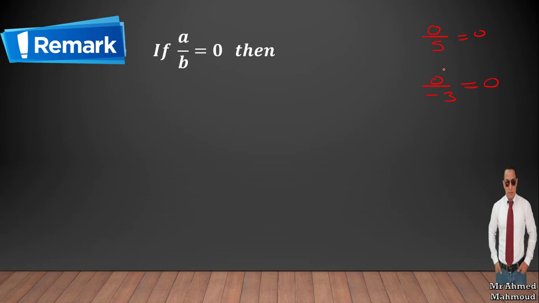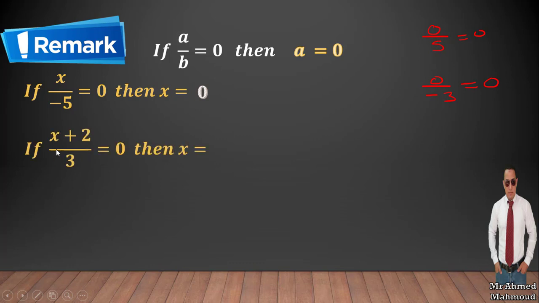So if the numerator equals 0, then the fraction equals 0. So here a equals 0. And if we have x over negative 5 equals 0, then x equals 0 because x is the numerator.